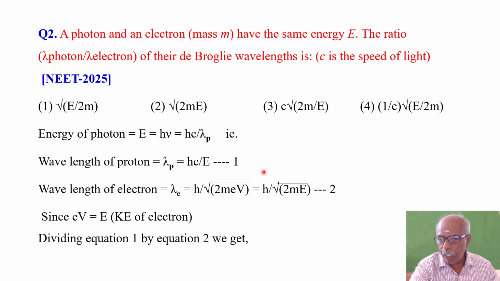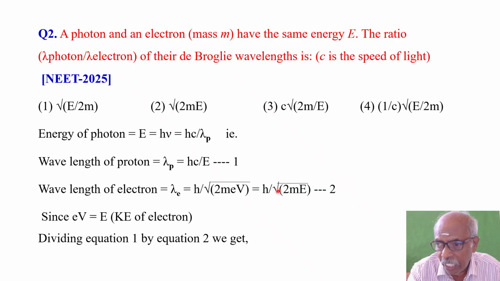Then what about the electron? We have seen that lambda e, the de Broglie wavelength of the electron, is equal to h divided by square root of 2m eV. m is the mass of the electron, e is the charge of the electron and V is the potential through which it has been accelerated.